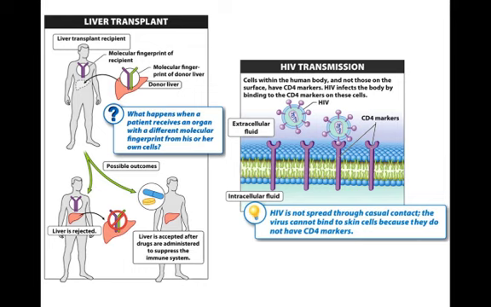These drugs will actually suppress the immune system. So it will kind of turn those white blood cells off long enough for the liver that's been transplanted to start making the same type of molecular fingerprint that our body already has.